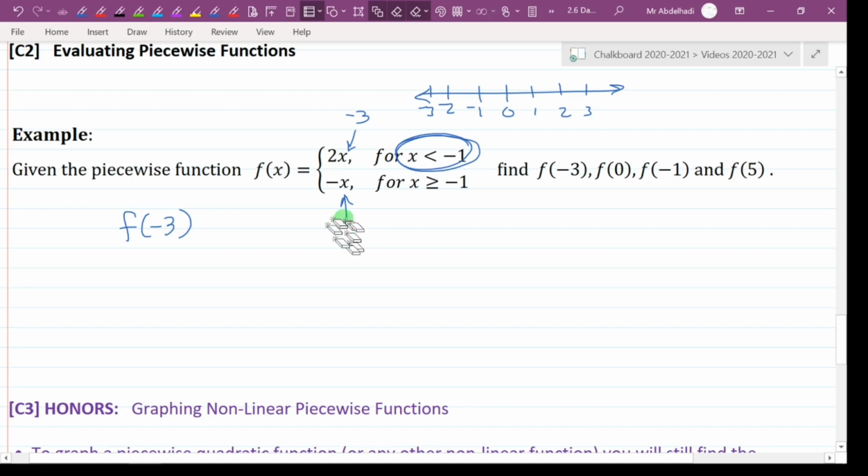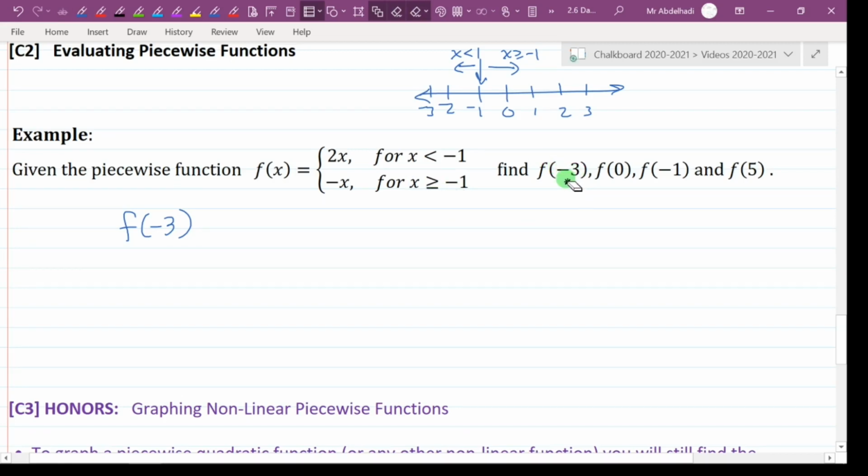So you're not going to use the bottom function, because the bottom function is only for use when you're to the right of -1. So here's your -1, here's your center point. When you're on the right, x is greater than -1. When you're on the left, x is less than -1. Could be equal to as well, but it's not in this case.